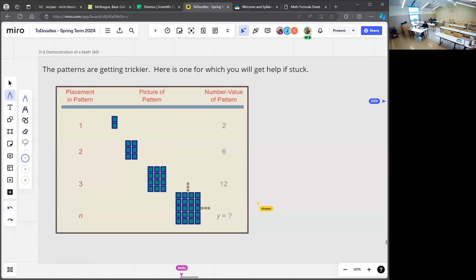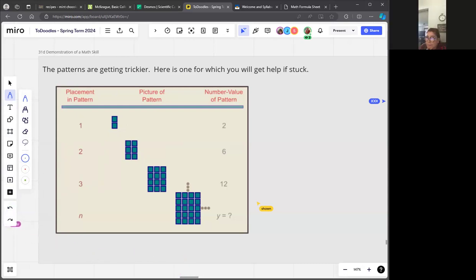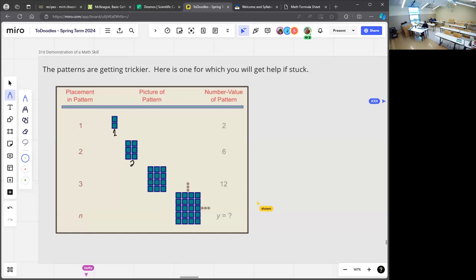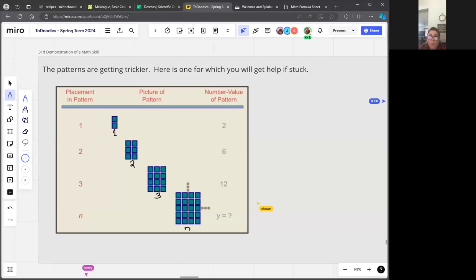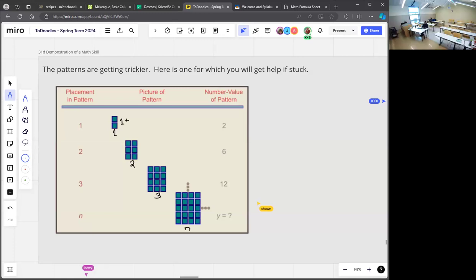Show me on the rectangles where these numbers go. Are they length, are they width? They're the bottom, what I have called length. We can debate length or width, right? And then how tall is it? How does the height compare to the bottom?